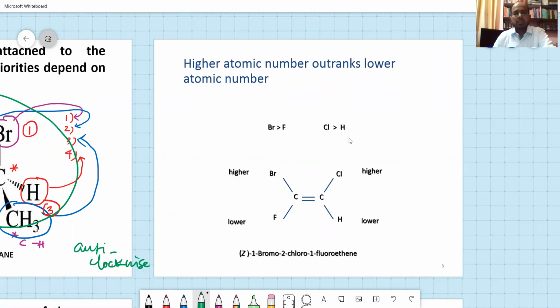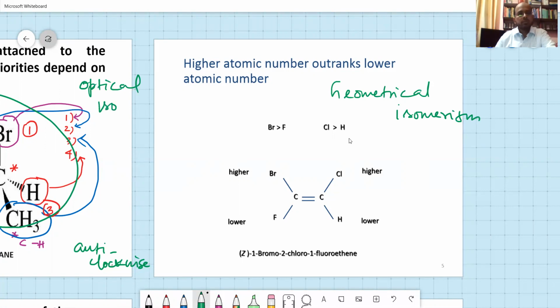The same applies to geometrical isomerism. I'm giving only one example for this, so that you can compare geometrical isomerism with optical isomerism. This one is optical isomerism. Here also you take the priority. This is an ethene molecule because you have a double bond there. The ethene molecule is attached to bromine, fluorine, and hydrogen.